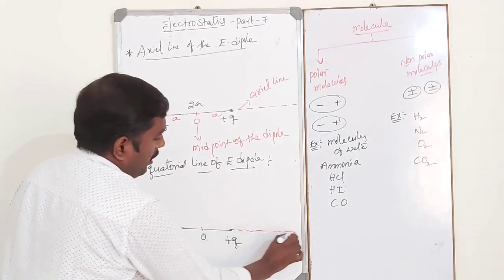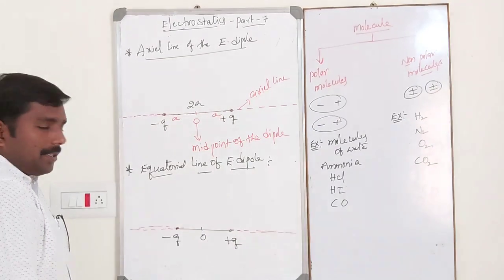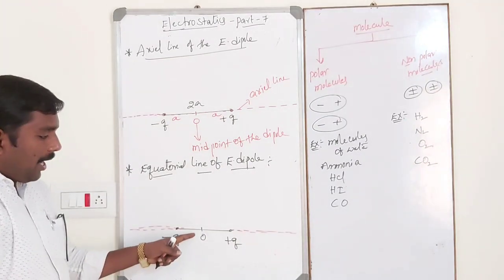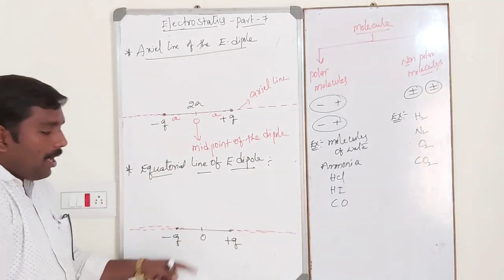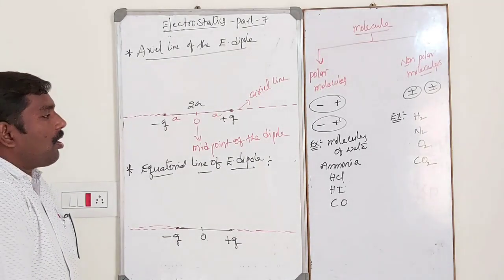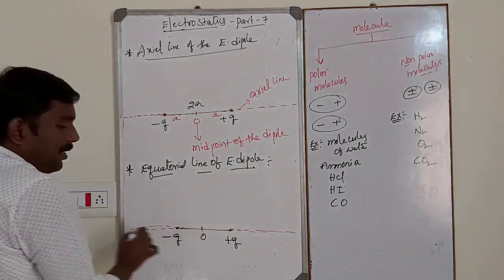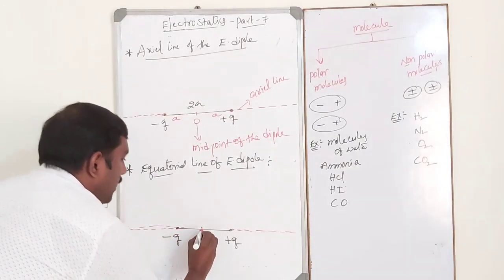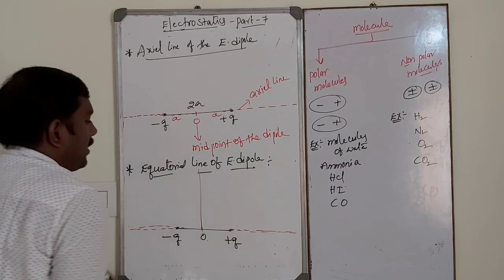Equatorial line means the line passing through the center of the dipole and perpendicular to the axial line is called equatorial line. Like this, the line passing through the center of the dipole. This is the center.